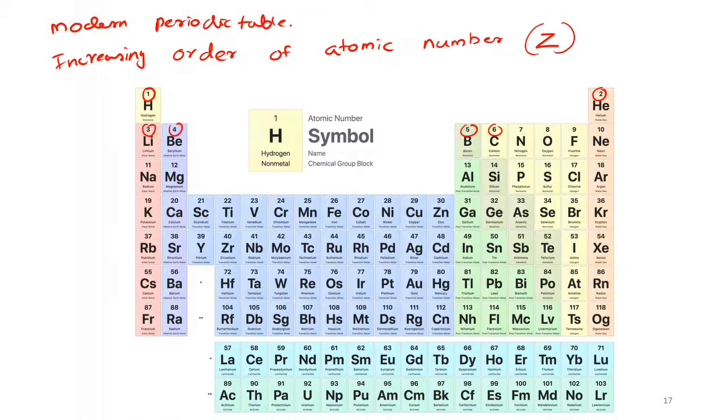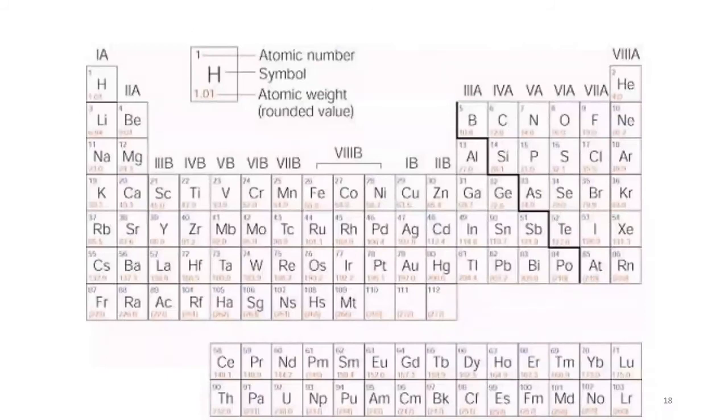Now, when you read books or search the internet, you may find many different types of periodic tables numbered in different ways. Let's try to understand some of those numberings. In some periodic tables, you will find this kind of Roman numbering with letters A and B. And there will be some other types of periodic table.